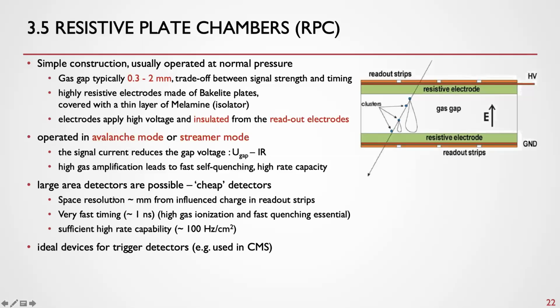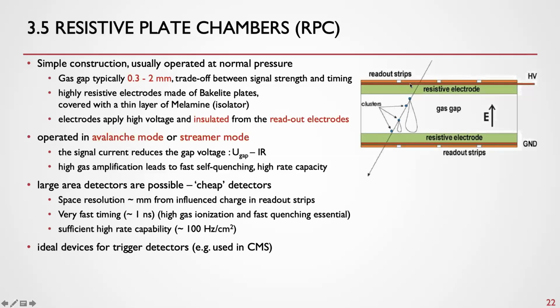The rate capability is, of course, limited. I'm sure you understand that you cannot tolerate many particles per readout strip, because you stop being able to tell apart the individual hits, and that's when the detector becomes useless. The rate capability is around 100 Hertz per centimeter squared.